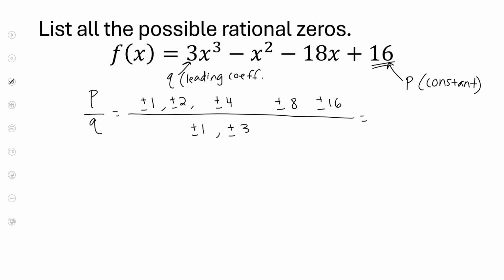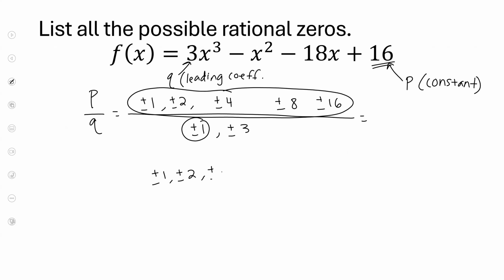So let's list my possible factors. Of course, all of these can go over 1. So if I list my possible answer choices, these are all of my possible zeros, rational zeros. And then all of these over 3.